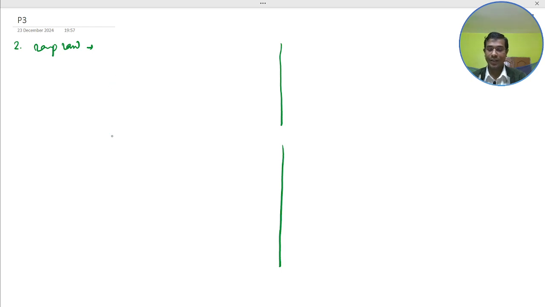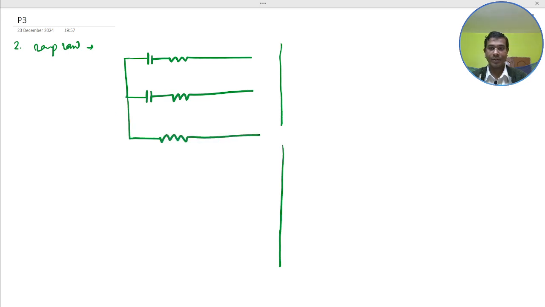Suppose these are resistances, and this is point A, B. Here this is E1, E2, R1, R2, R3.